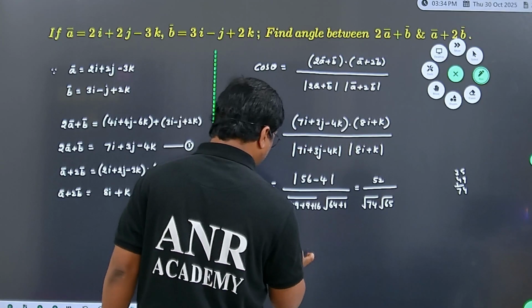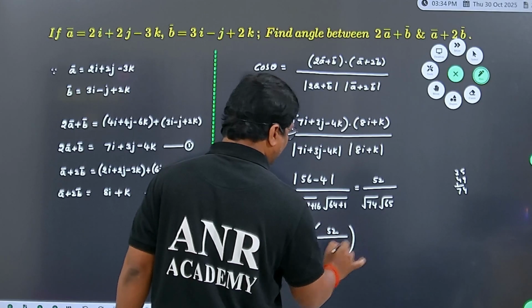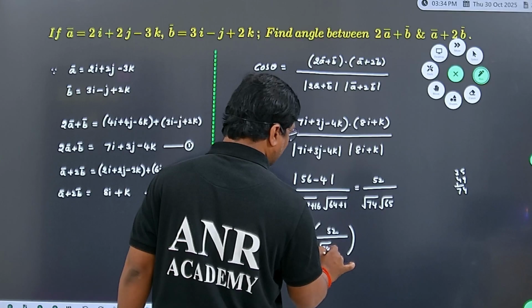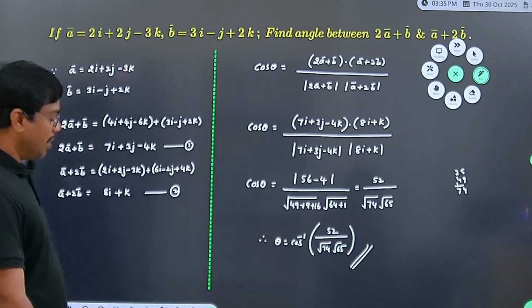Therefore, you can write theta equal to cos inverse of 52 divided by root over 74 root over 65. This is your answer. Let us move to the next question.